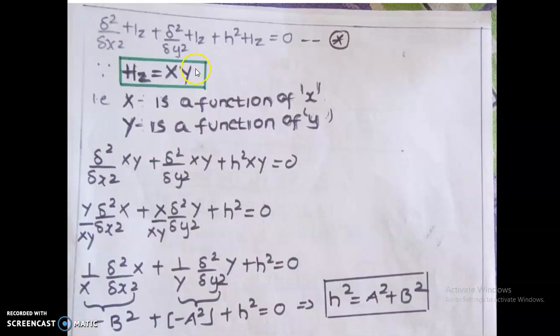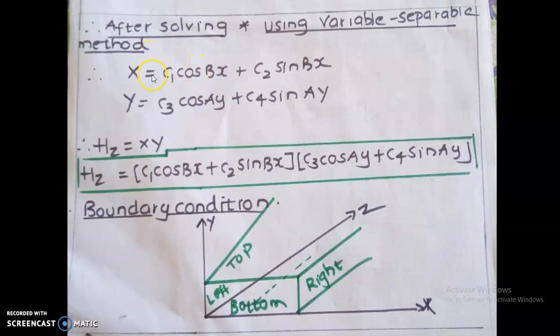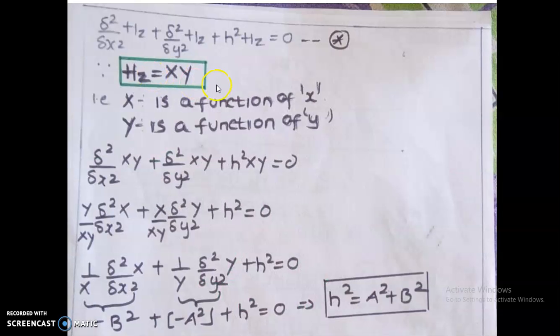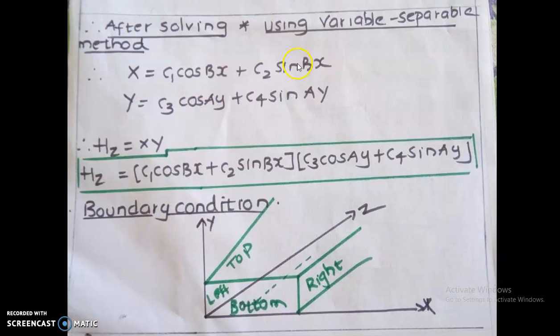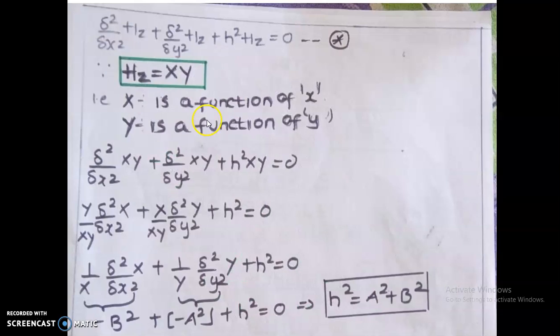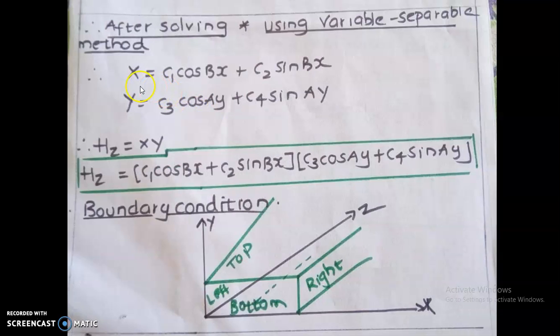Now what we have to do is solve for capital X and Y. So we have to use the partial or variable separable method. Then we get X and Y, as I've written directly, in terms of c1, c2, c3, c4. Here our main goal is to find c1, c2, c3, c4 as well as capital A and capital B, as we have discussed in the previous class.